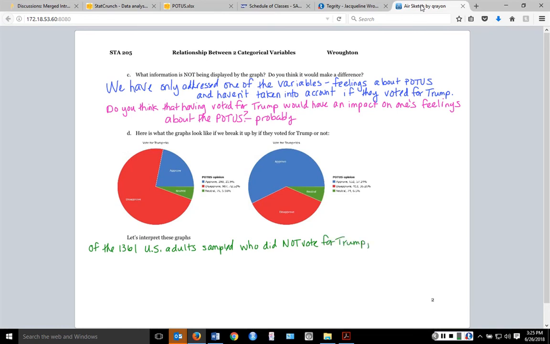All right, so we found that 21.9% approve of the president, 72.52% disapprove, and finally 5.58% were neutral.